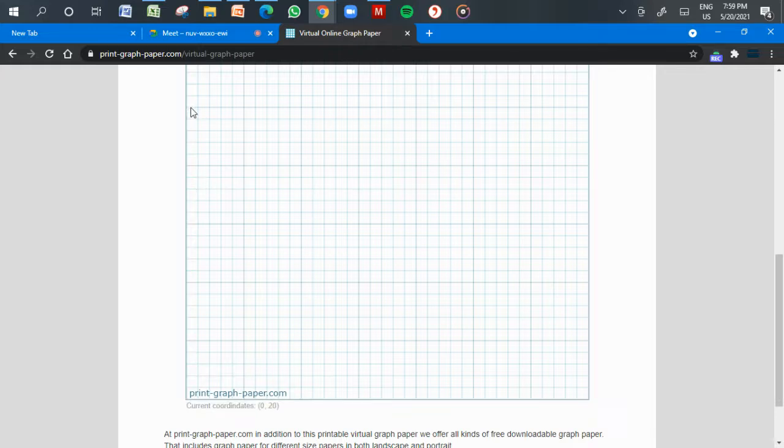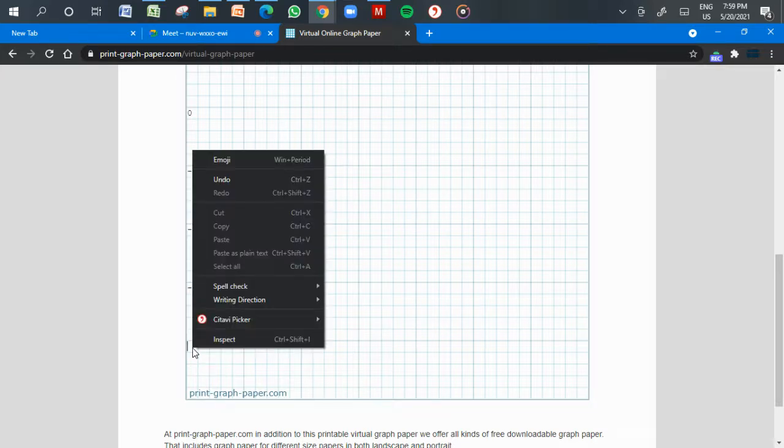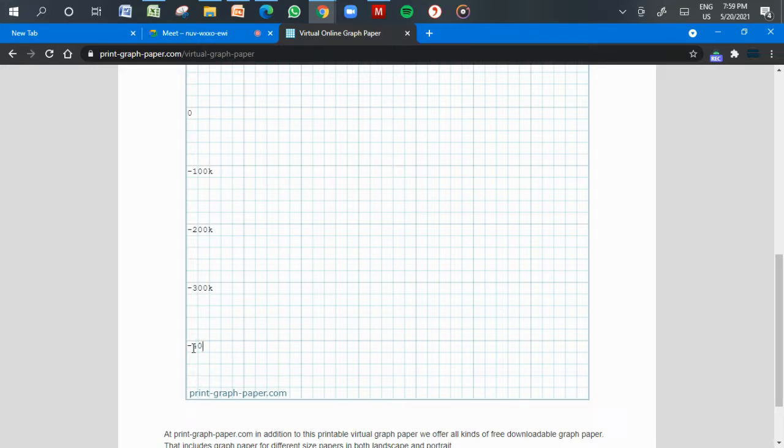Okay, so let's start here. This one will be 0. This one will be minus 100K. This one will be minus 200K. Then minus 300K. Then minus 400K. And this one will be minus 500K.